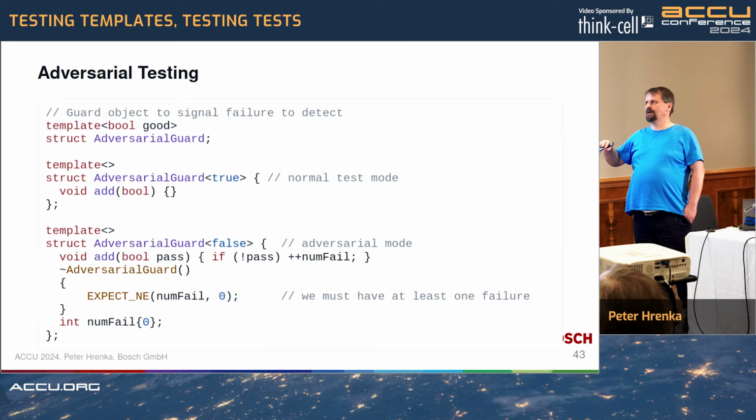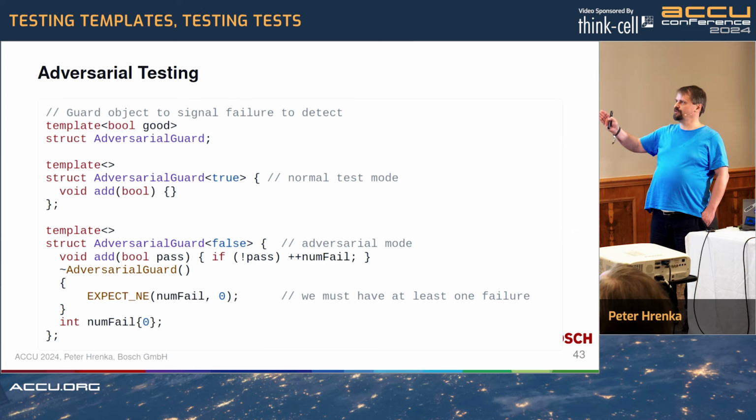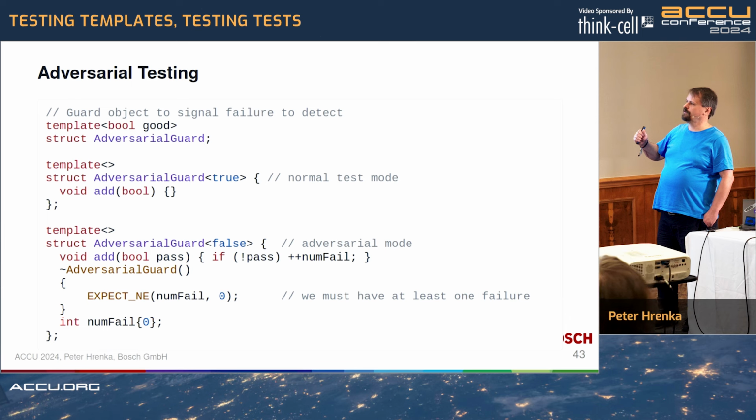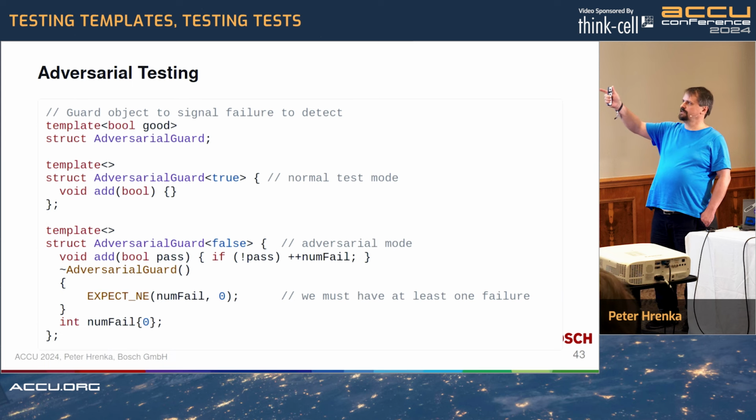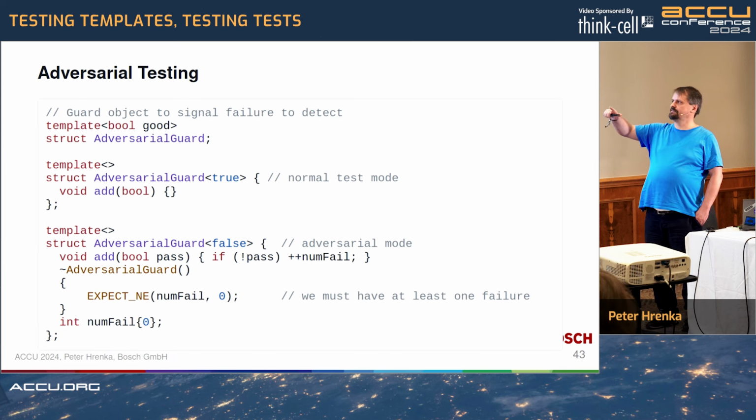Now I have to change the infrastructure a bit to make the test framework work with that. It's really simple. That's basically all there is to it. We just have a template class with one bool parameter. If the bool parameter is true, we don't change anything.